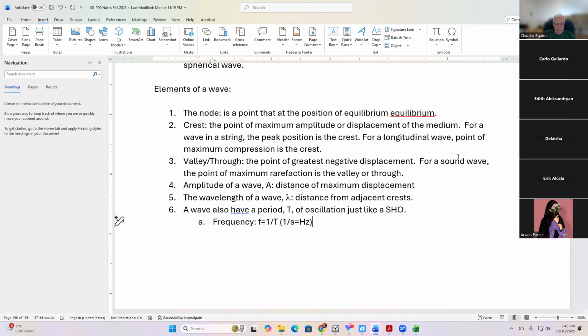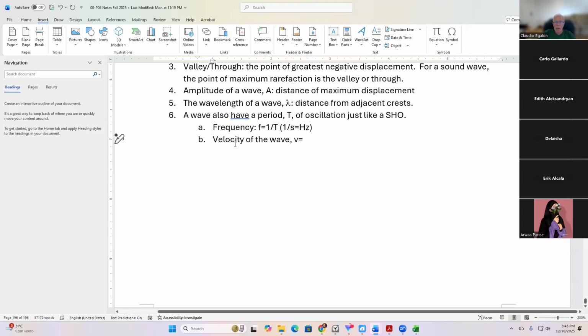But related to the period, we also have something else that we call the velocity of the wave. Velocity v of the wave. And the velocity v of the wave is related to the wavelength and the period of the wave. Lambda divided by the period of the wave is the velocity of the wave.